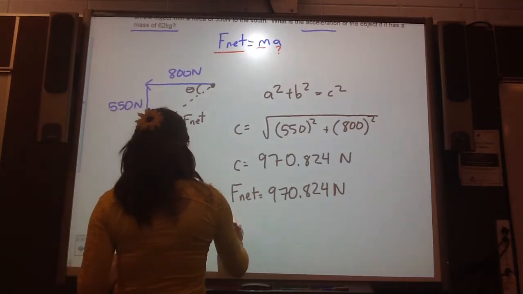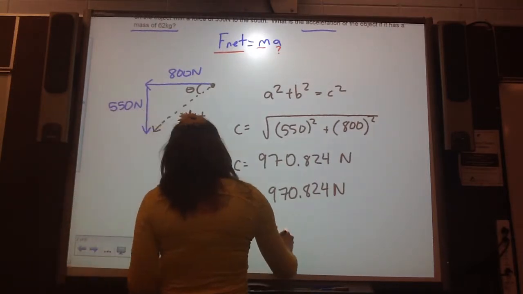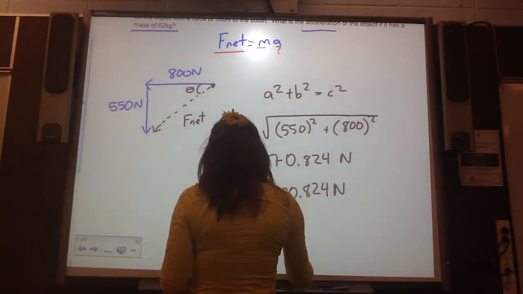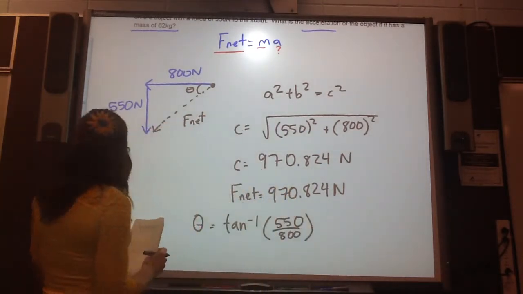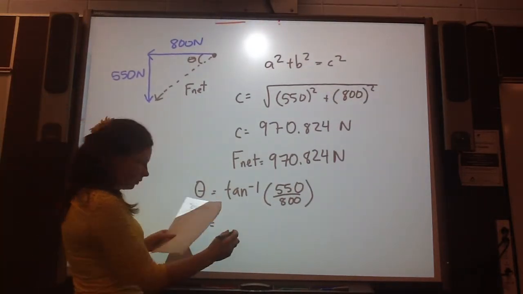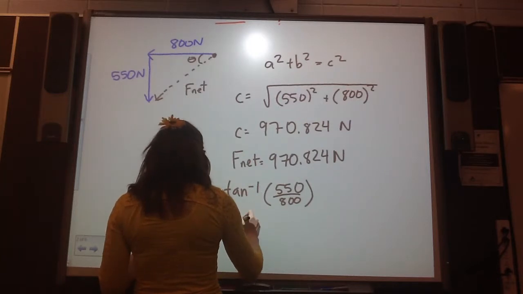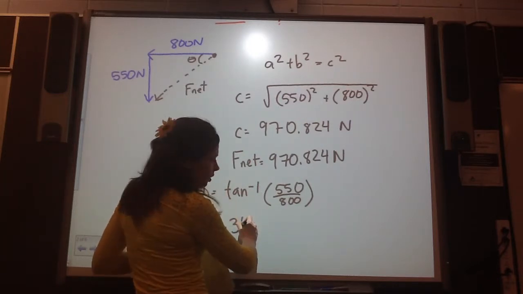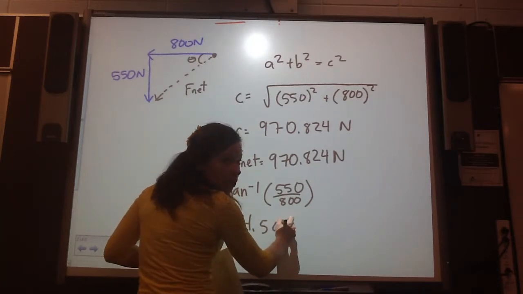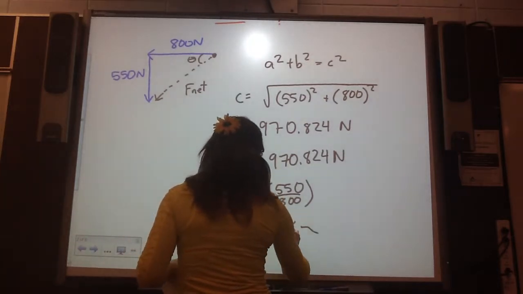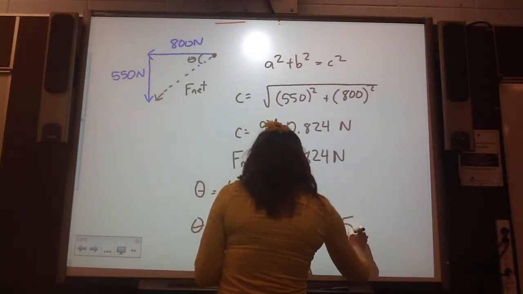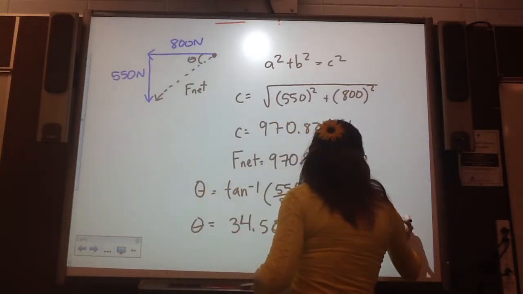So angle is equal to tan inverse times by opposite over adjacent, which is 550 over 800. What's my angle, Lisa? 35 south-southwest. 35? Rounded? Yeah. So I'll put in 34.508, right? And so then rounded. Are we two sig digs? Yeah, you're right. 35 degrees south of west, as you said.